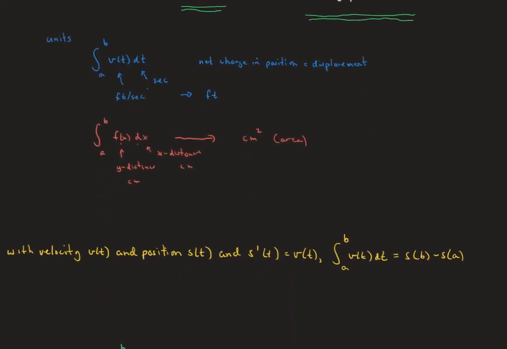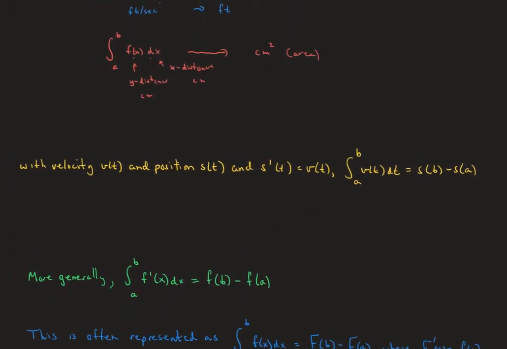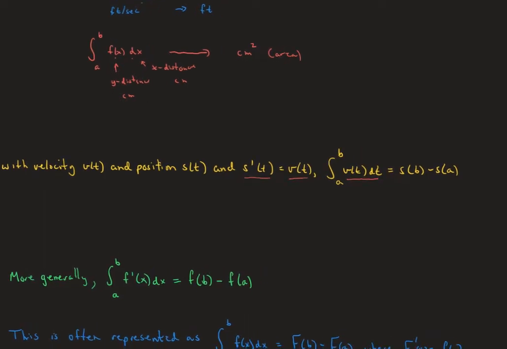Now, with velocity and position, we know that the derivative of position is velocity. We also talked about that when you integrate velocity over some increment of time, what you get is the net change in position.